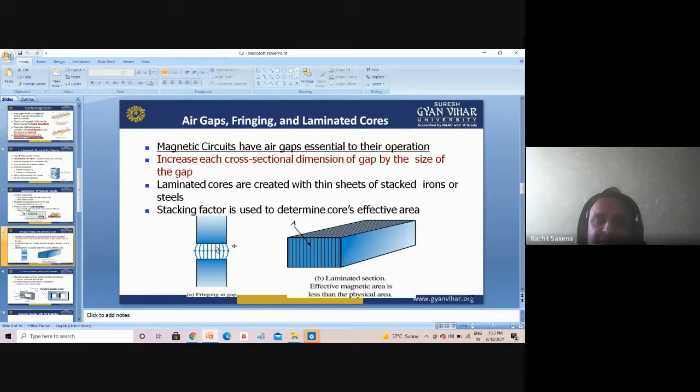We are not getting the flux in an equal manner, we have some distortion in it. We have some losses in the magnetic field, or in the motor and generator we have losses known as core losses.